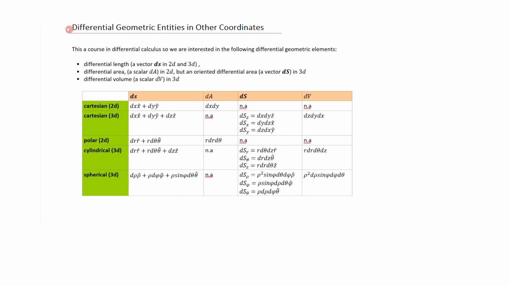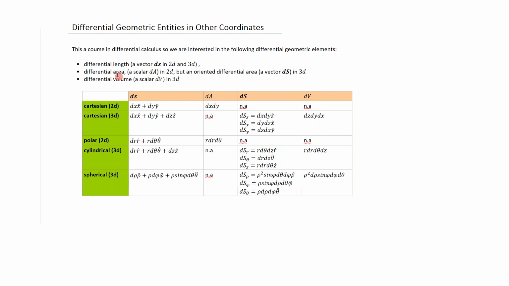These are differential geometric entities in other coordinates. Again, realize that this is a calculus course, and since we're dealing with measurements of small things, it's also differential calculus. And so the types of things we'd be interested in are lengths, areas, and volumes. Differential length is a vector, and it can be represented in different forms. This is ds. It could also be represented dl in bold in 2D and in 3D.